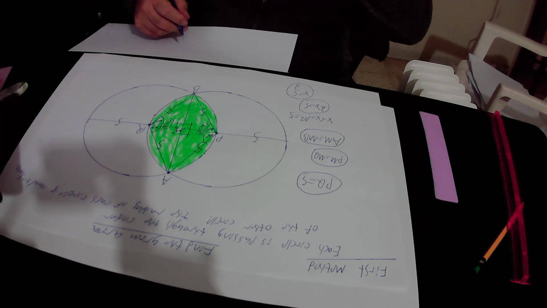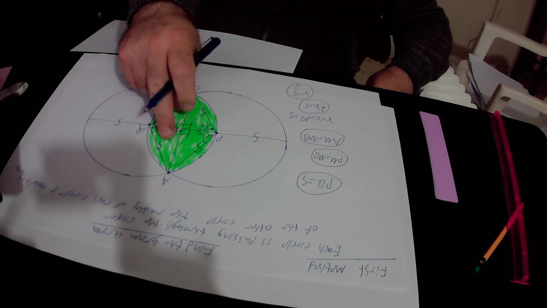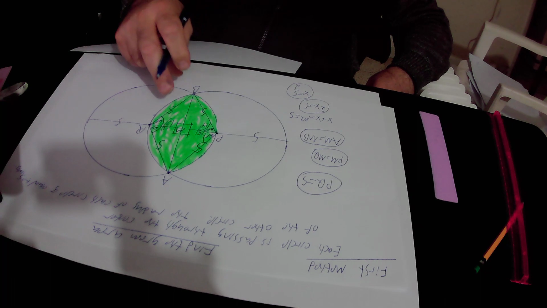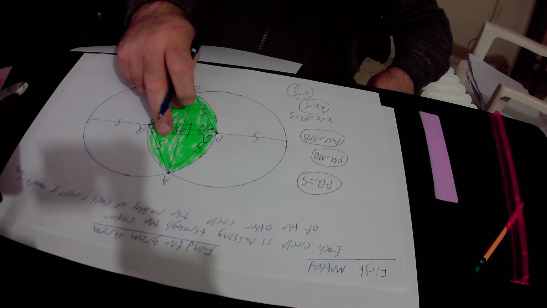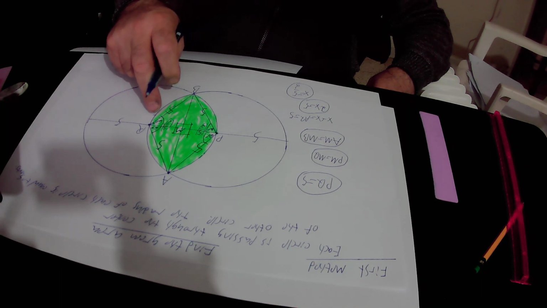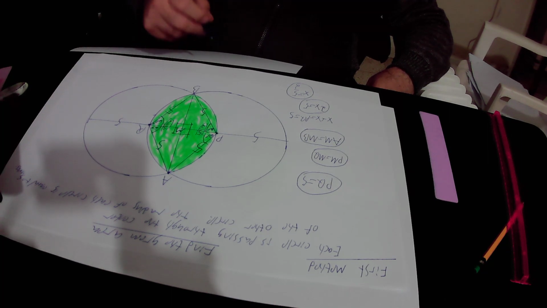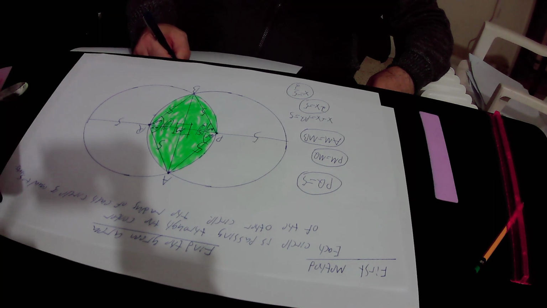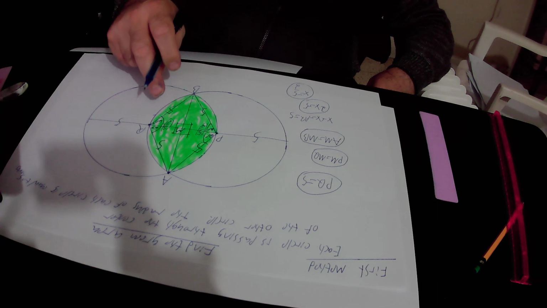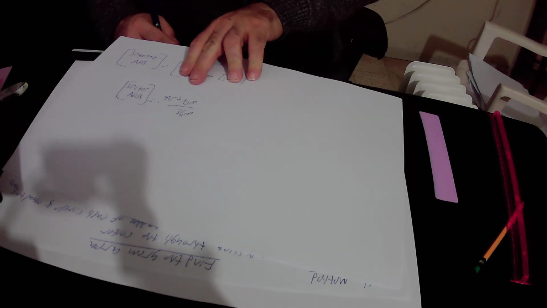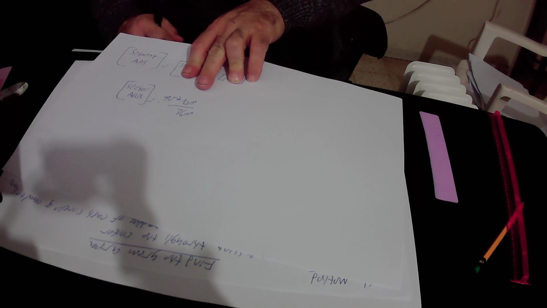And what is the area of sector AQB? The area of sector AQB equals pi r squared times 60 degrees plus 60 degrees, which is 120 degrees, over 360 degrees.